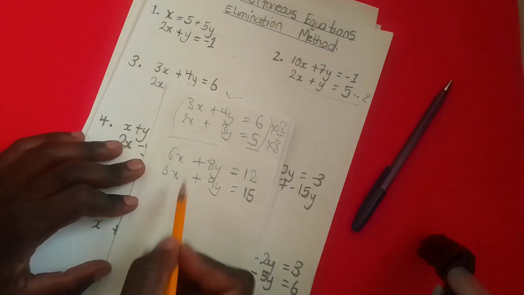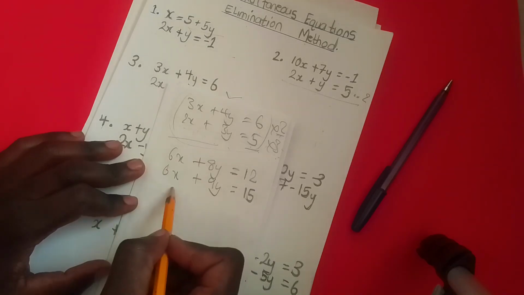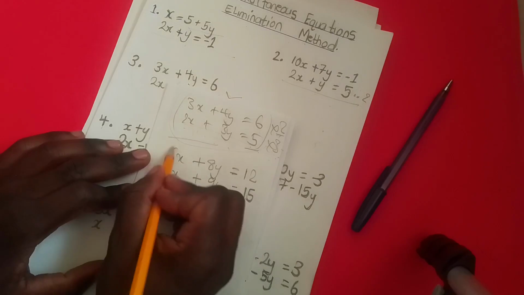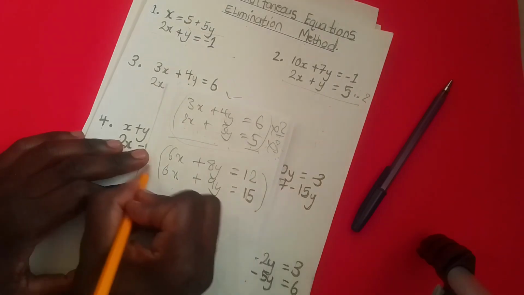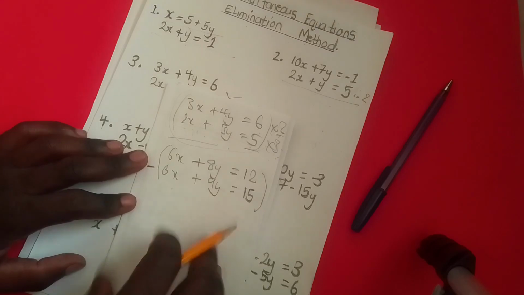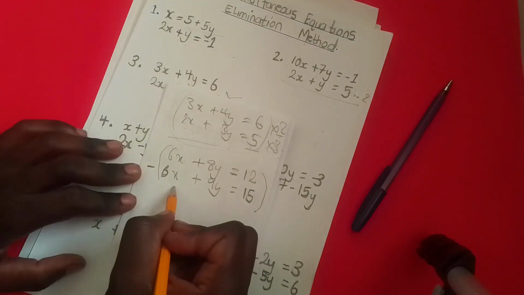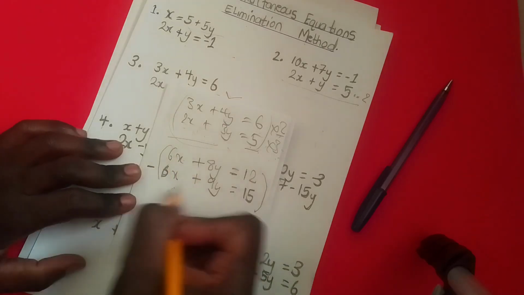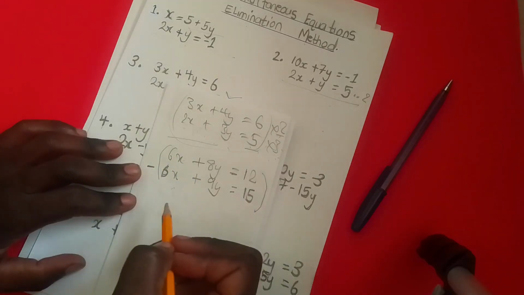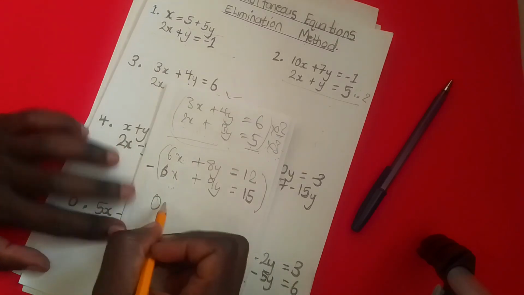Once the coefficients of the variable we're trying to eliminate are the same, we introduce the negative sign. So 6x minus 6x is equal to 0, and x has been eliminated.